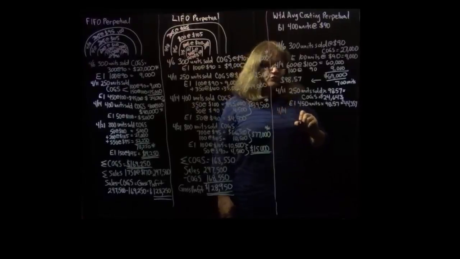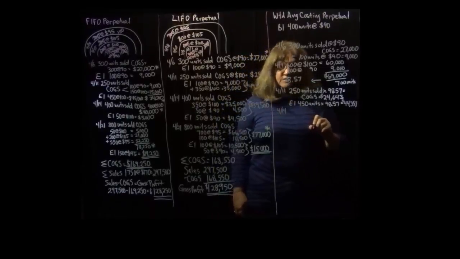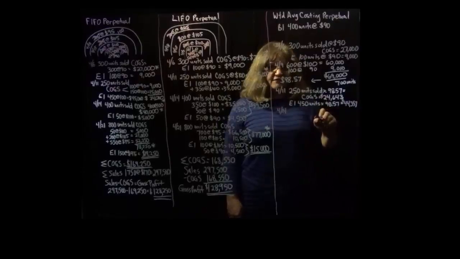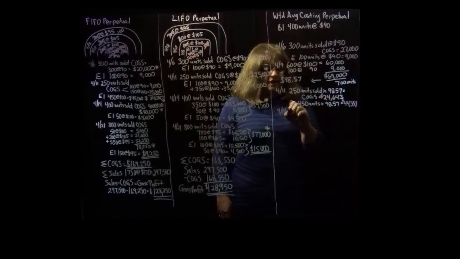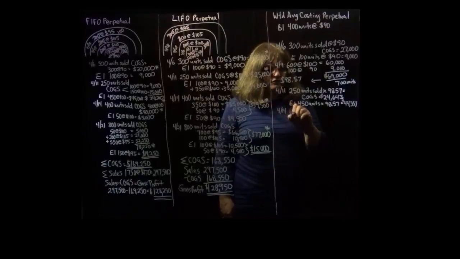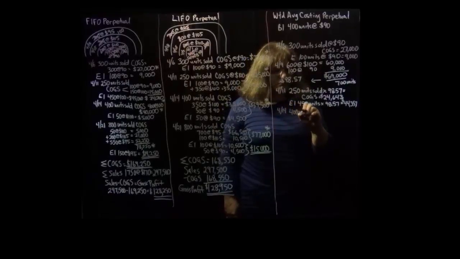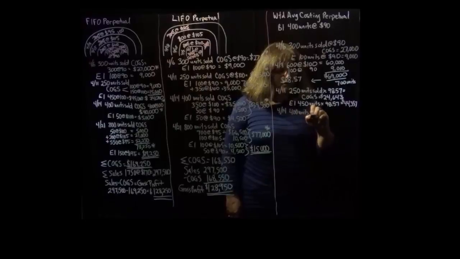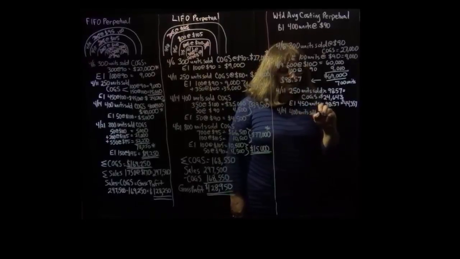We then make another sale. We haven't had any purchases in between, so our unit cost is still $98.57. And in this sale, we sold 400 units. We're going to multiply those by the $98.57 to get our cost of goods sold.